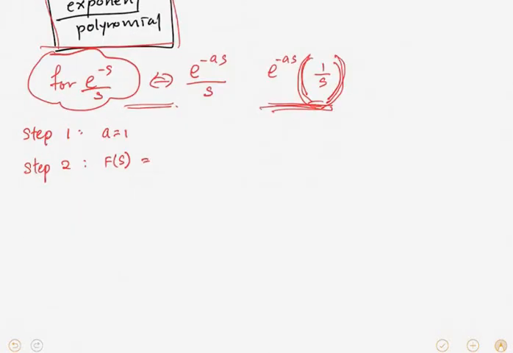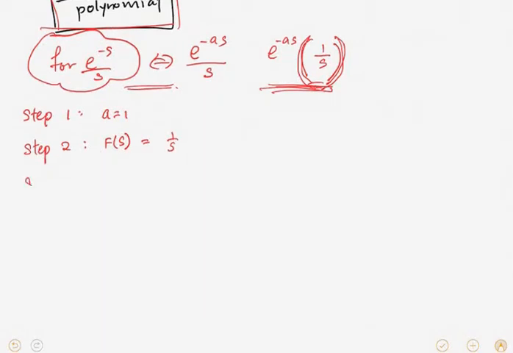So your F(s) is 1 over s. And then the third step is you need to find the f(t), the inverse transform of F(s). So what is the f(t)? It is 1. This we studied before.